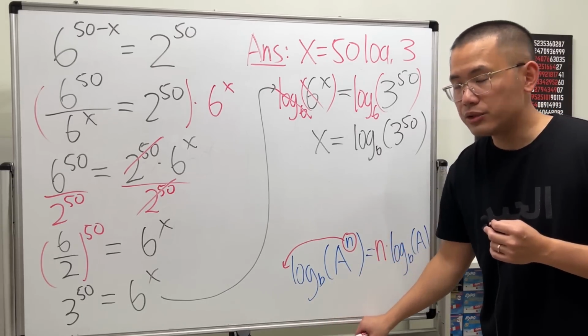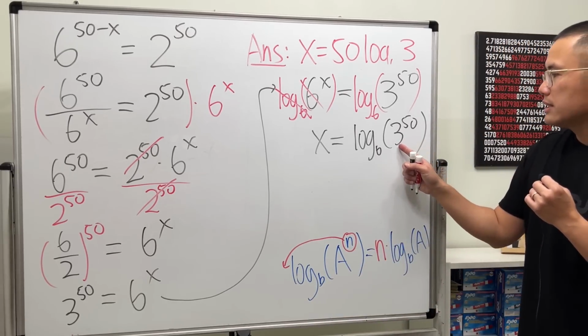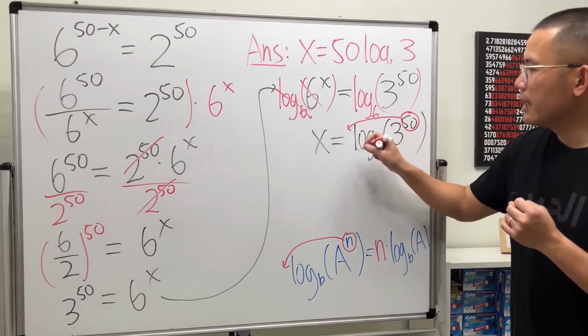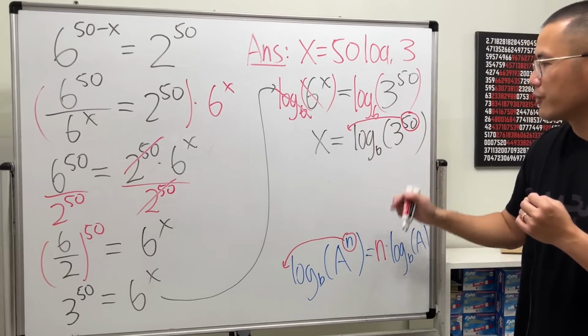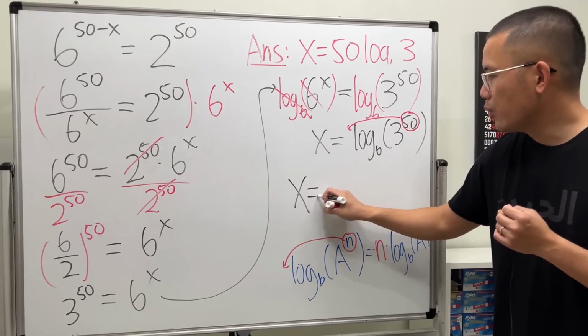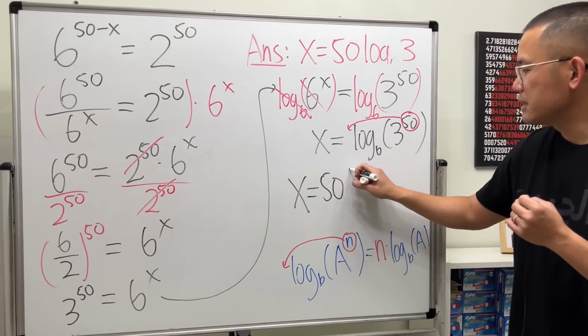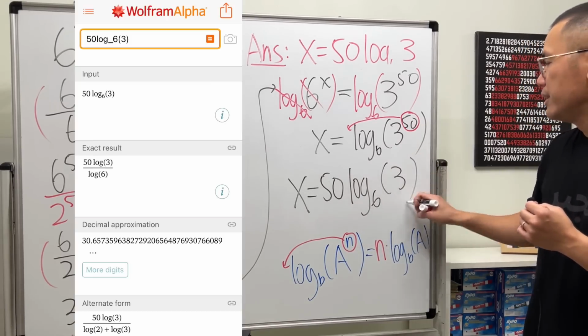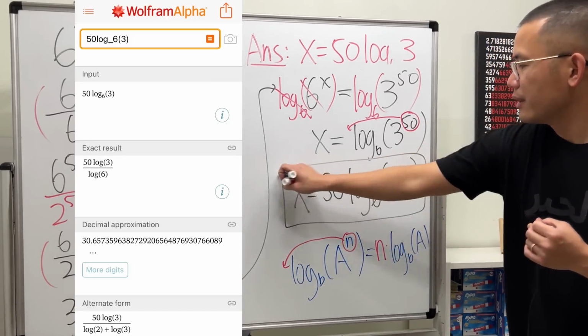So the final touch is that since inside here we have 3 to the 50th power, we will take the 50, multiply that with this, right? Take that to the front. So final answer, x equals 50 times log base 6 of 3. All right, so that'll be it.